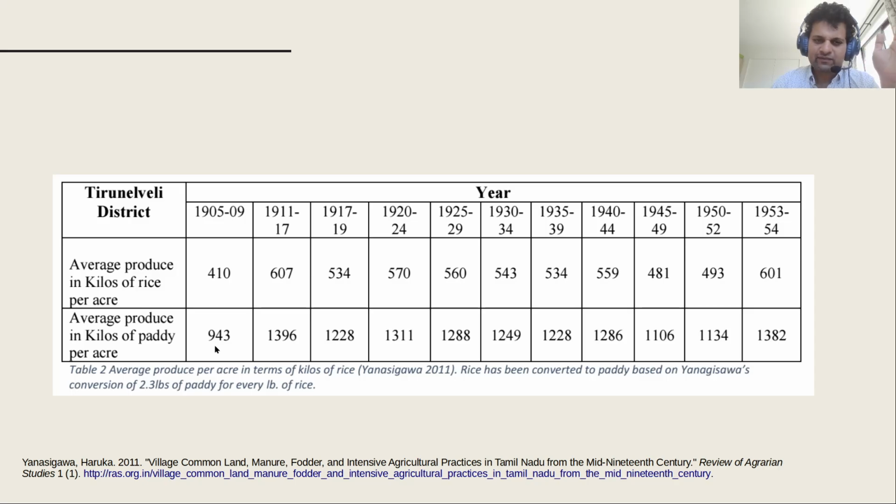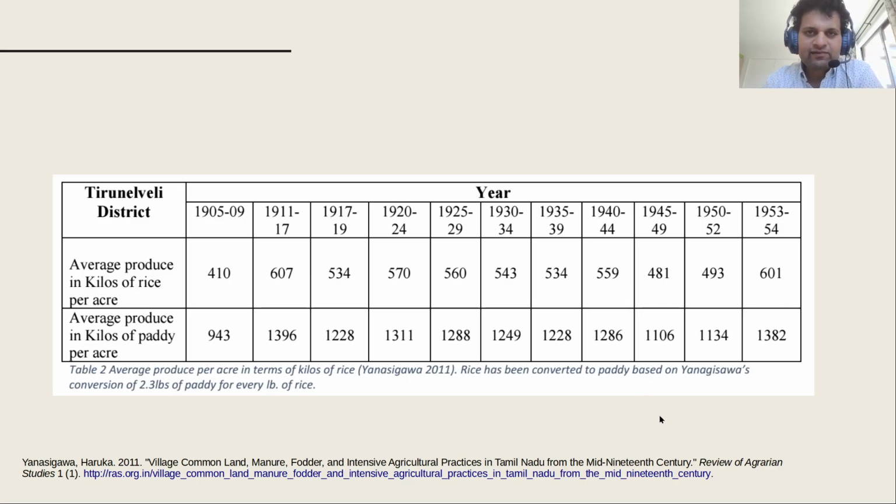Again, you can see the same thing. For these experiments, it varies quite widely. Somewhere you got 410 kilos of rice per acre, then 607, again 534, 570, 560. A little more steadiness here, and finally after independence it goes up, and it drops quite sharply around 45, 49.